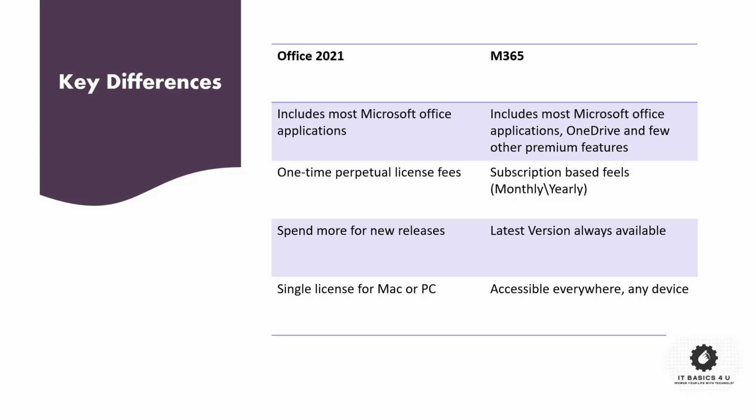So anytime Microsoft releases new features, that is always available to you. And the best thing, it is accessible anywhere. It's not bound to your one device, but you can access it through your mobile, you can access it through your device at home, you can go to cafes, you can access it from there as well. So your data is available all the time based on your Microsoft account.